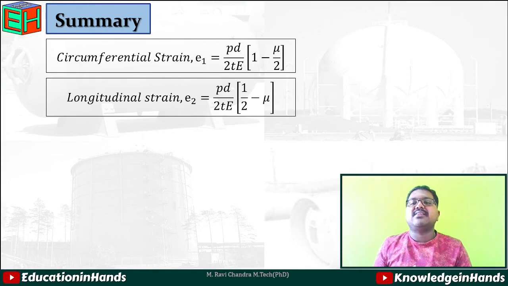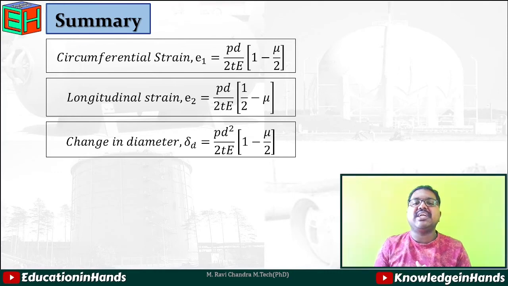The second one is the longitudinal strain, E2, equal to PD by 2TE into (1/2 minus mu). The third one is the change in diameter, delta D, which we got as PD square by 2TE into (1 minus mu by 2).